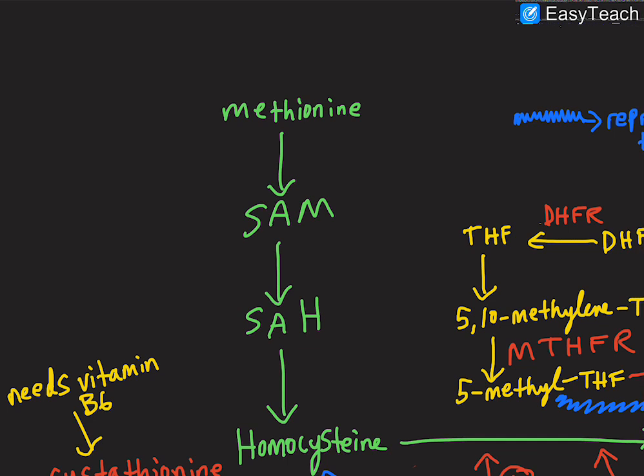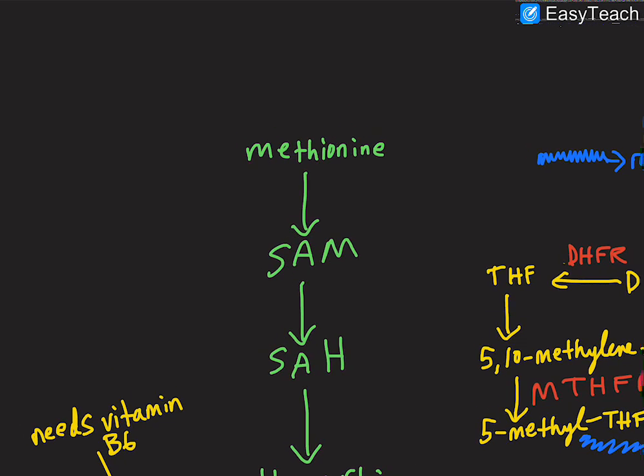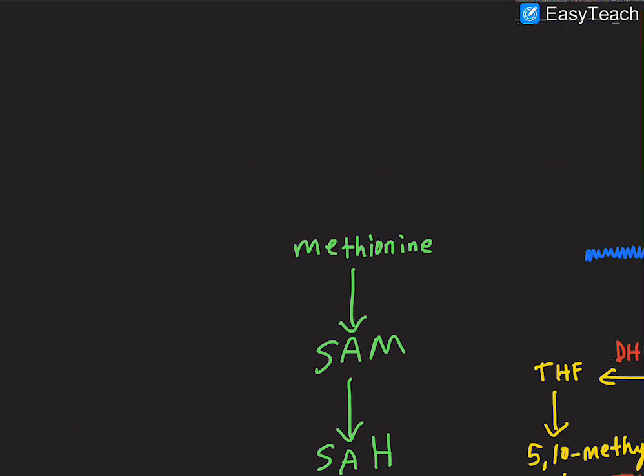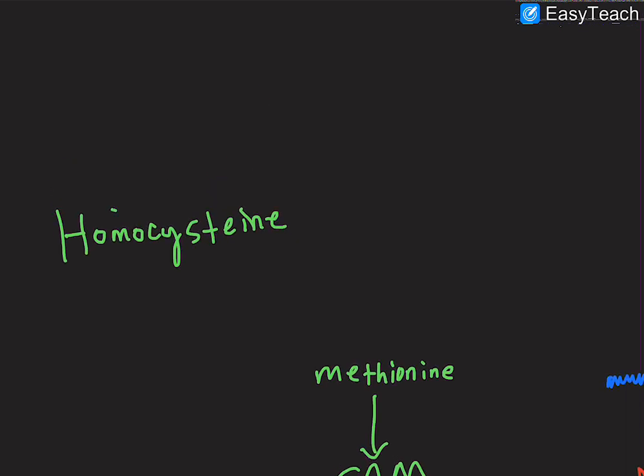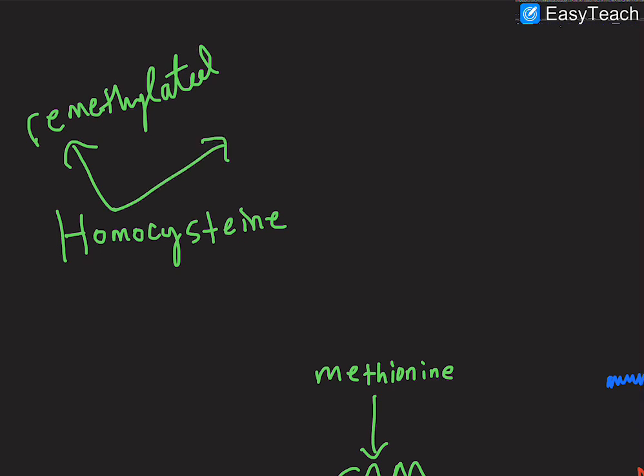So, the homocysteine pathway, of course, involves homocysteine. But what we should know is homocysteine has two main fates. Either it can get remethylated, and all this will make sense once we talk about the biochemical pathway, or it can undergo a transsulfuration reaction.